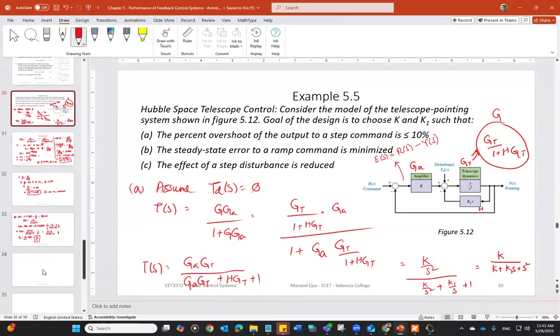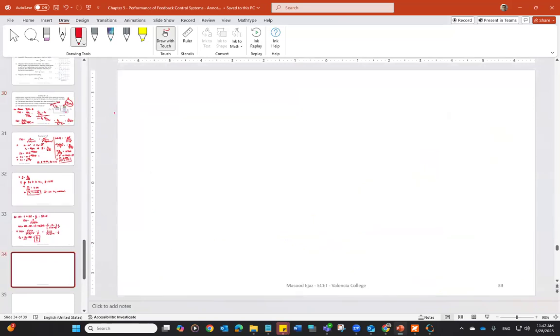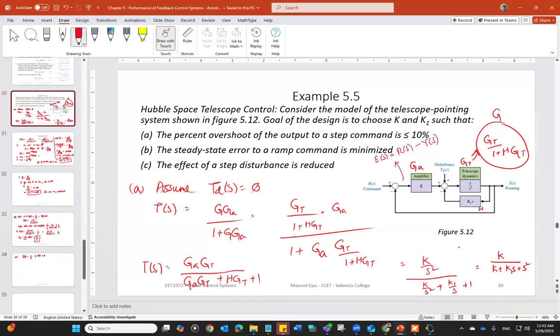So let's go and do part C. In this case, my TDS is equal to step, and I'm taking my input signal to be 0. Now, let's go back. So this is my G, and this is my GA.